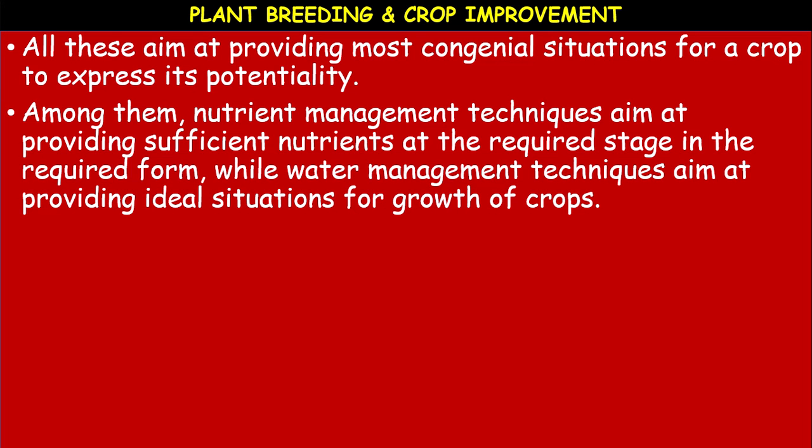Among the techniques, nutrient management technique aims at providing sufficient nutrients at the required stage in the required form, while water management technique aims at providing the ideal situations for growth of crops.